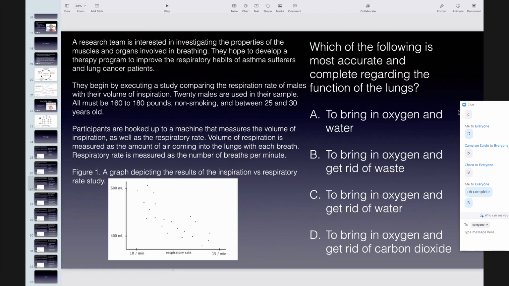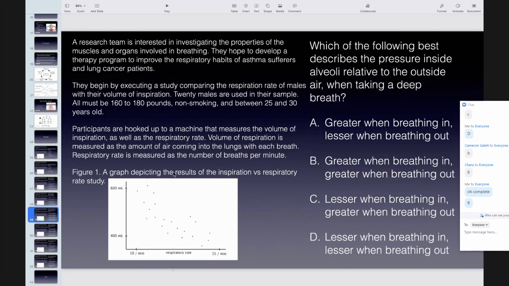All right, don't get caught in the trap. Most complete, get rid of waste, right? We're going to blow off water vapor. We're going to blow off heat, and most importantly, blow off carbon dioxide. So yes, it does bring in oxygen and get rid of carbon dioxide, but that is not most accurate and complete. Get rid of wastes as well. That waste doesn't have to be the typical thing you think of as waste. Water vapor and heat are considered wastes.